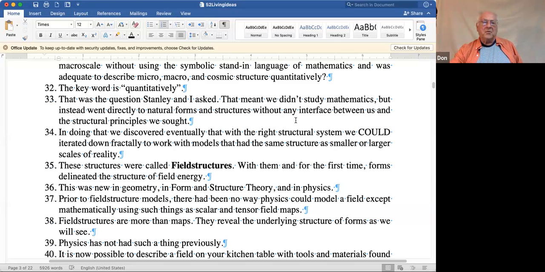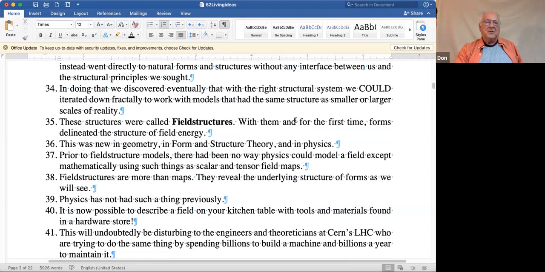These structures were called field structures. With them, and for the first time, forms delineated the structure of field energy. This was new in geometry, in form and structure theory, and in physics.